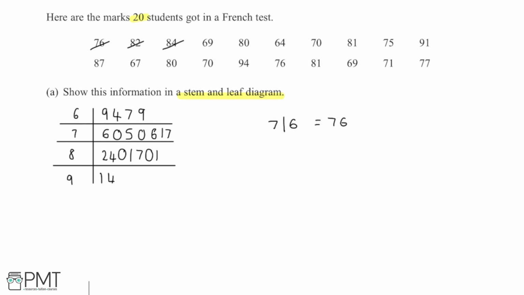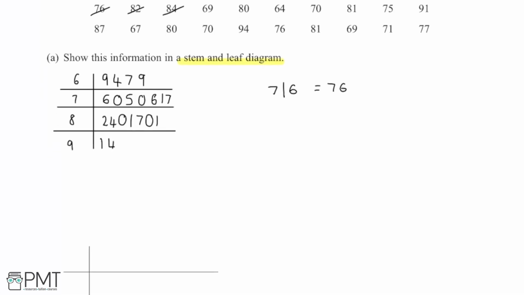Doing it this way and not ordering it to begin with makes sure that I haven't missed any out and I've got all 20. I can count them all and check that I've got 20 leaves and double check that I have all of my points in here.